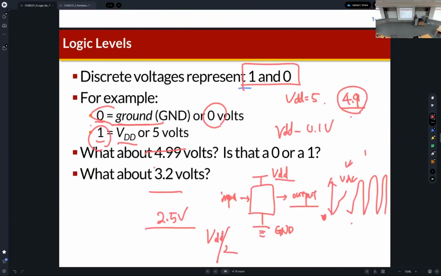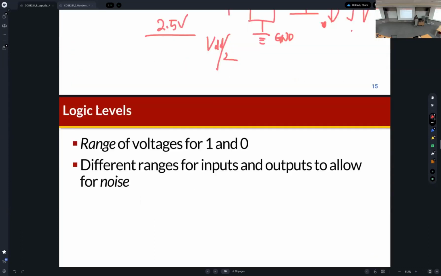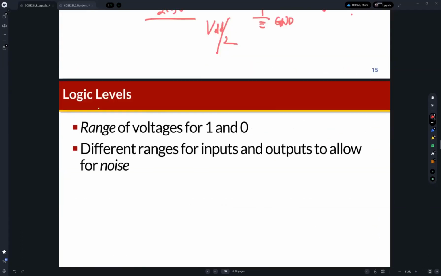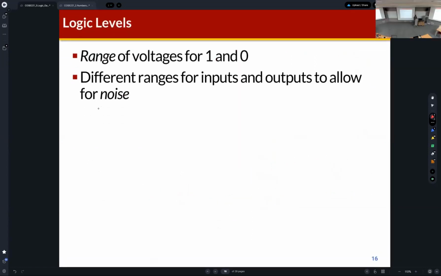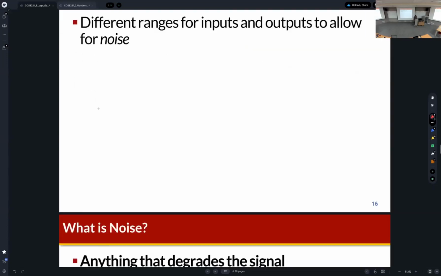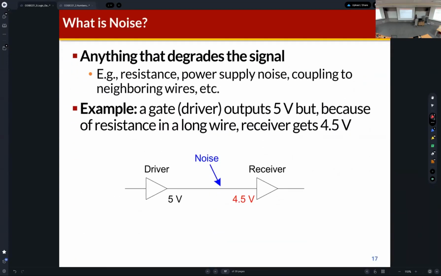So actually, in real digital hardware, we apply some complicated conversion to the digital circuit. Then let's think about the noise. What is the noise?